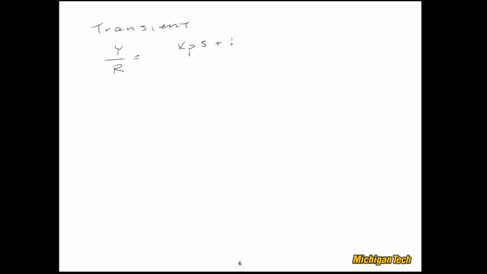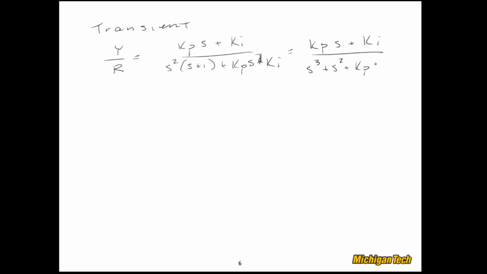So we have (Kp s plus Ki) over s squared (s plus 1) plus (Kp s plus Ki). That's a plus. So I can write that as (Kp s plus Ki) over s cubed plus s squared plus Kp s plus Ki. Now, I have a cubic in my characteristic equation.